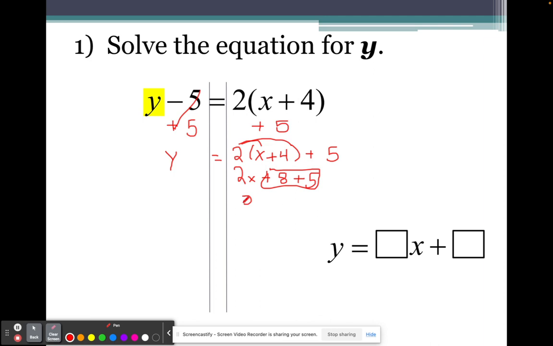So 2x plus 13 is equal to y. This is an equation you are going to get very familiar with in the near term, this linear equation. So slope-intercept form.